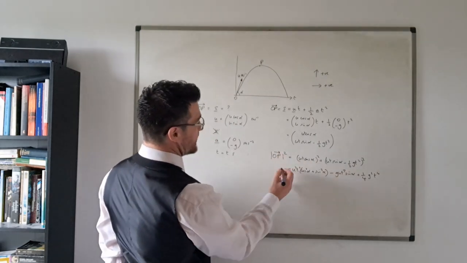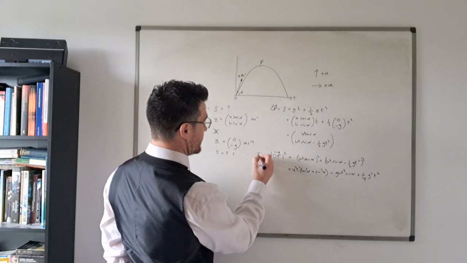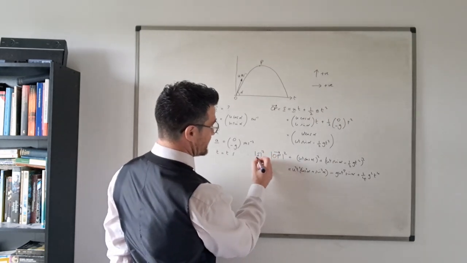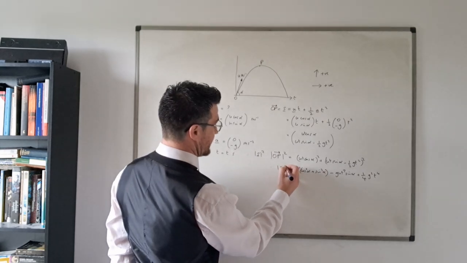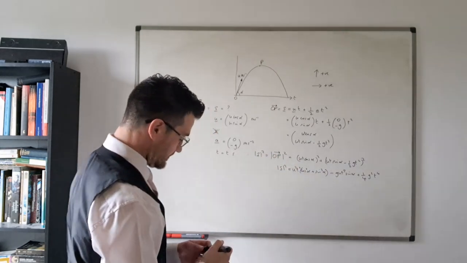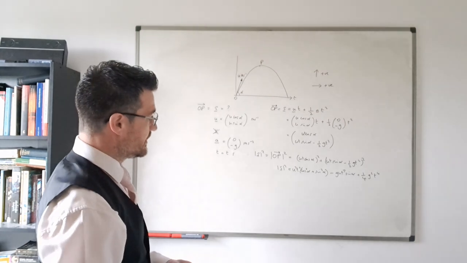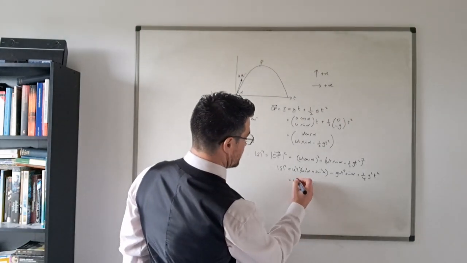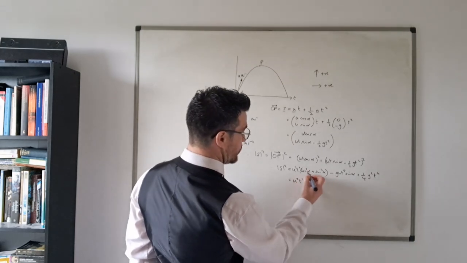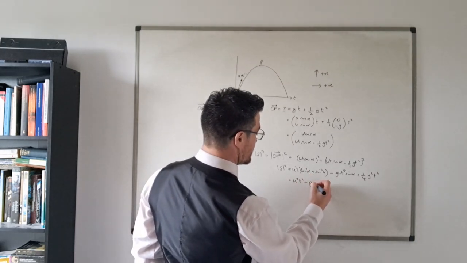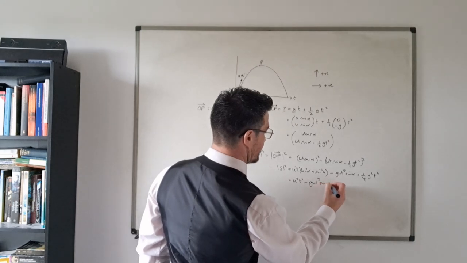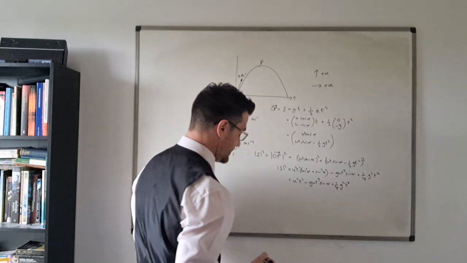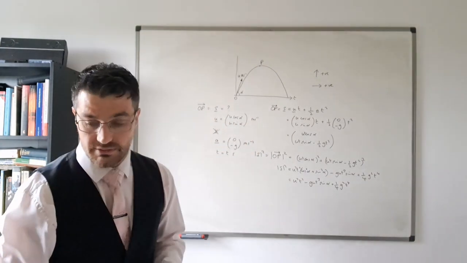I can write it as OP squared, or I could write it as the modulus of s squared, whatever. Let's go for the modulus of s squared. Which simplifies even further. Almost forgot. That's just u squared t squared minus g u t cubed sine alpha plus a quarter g squared t to the fourth.